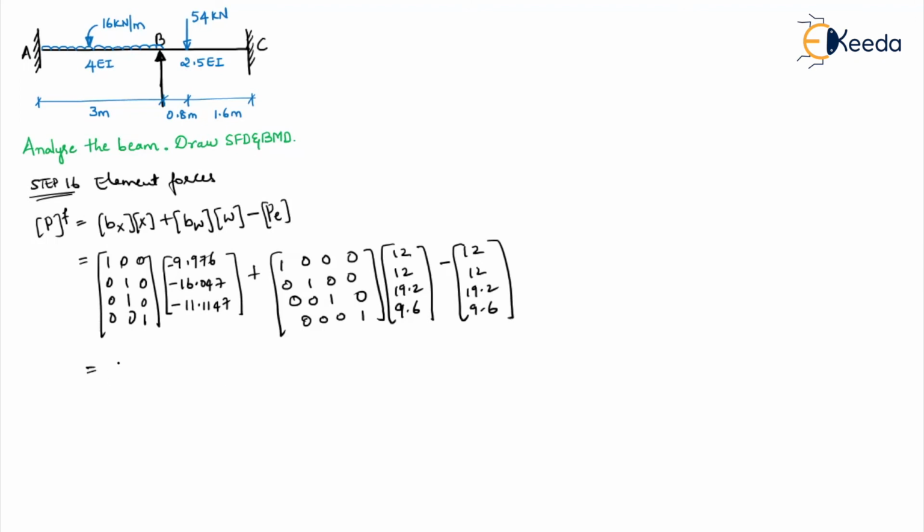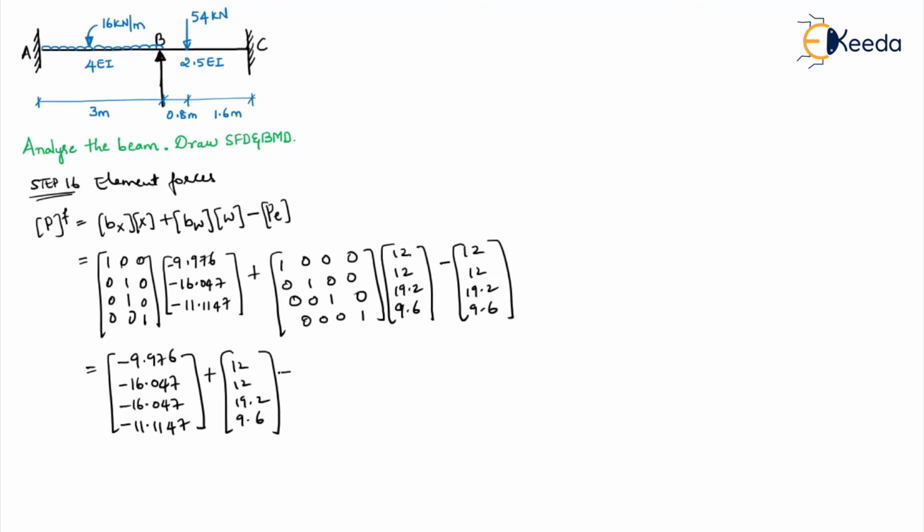Okay, so this will be equal to minus 9.976, minus 16.047, minus 16.047, minus 11.1147. This is an identity matrix, so this will be 12, 12, 19.2, 9.6 minus again 12, 12, 19.2, 9.6.